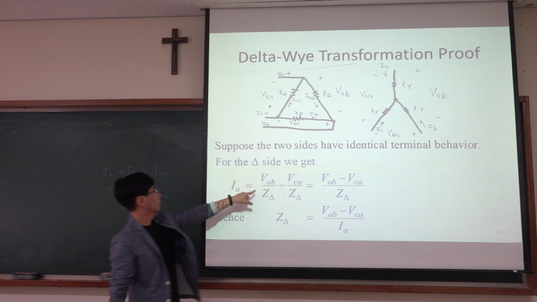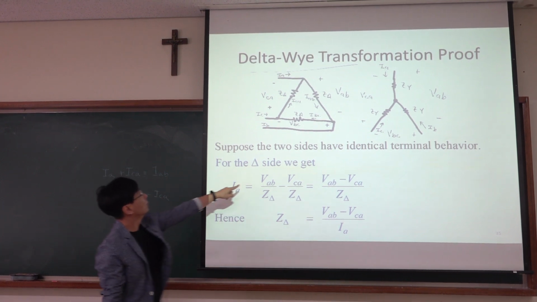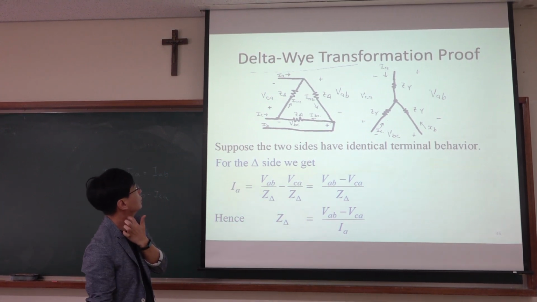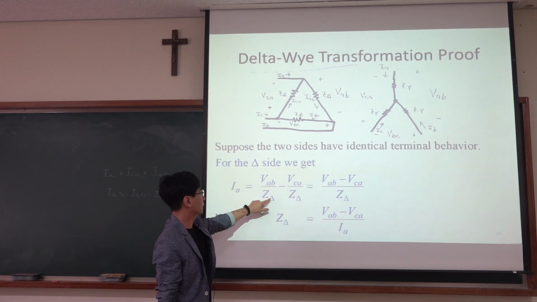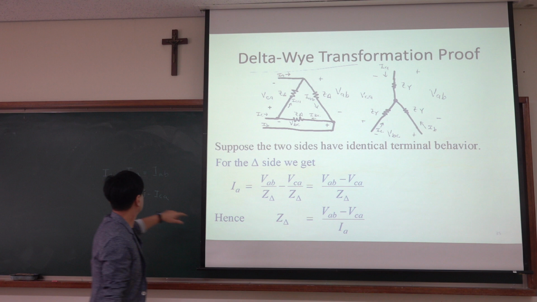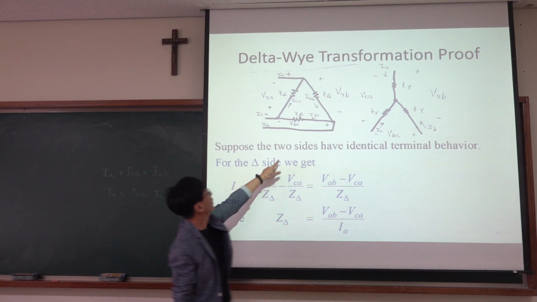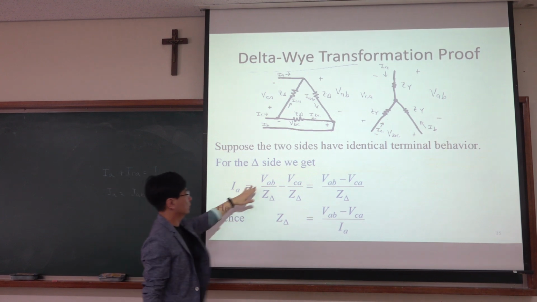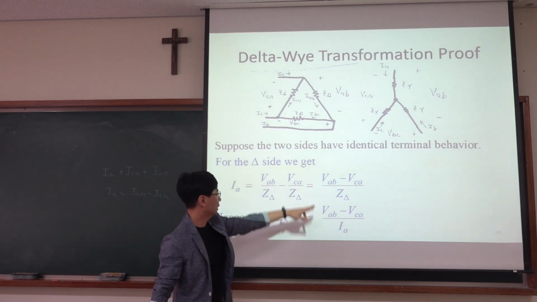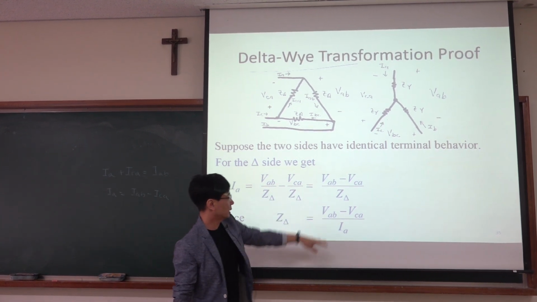And IAB is VAB over Z delta. Similarly, ICA is VCA over Z delta. So this is same to that. So Z delta is expressed like that.